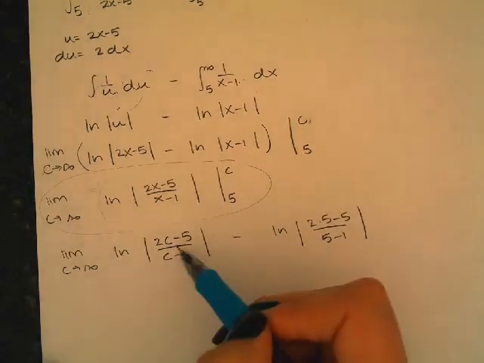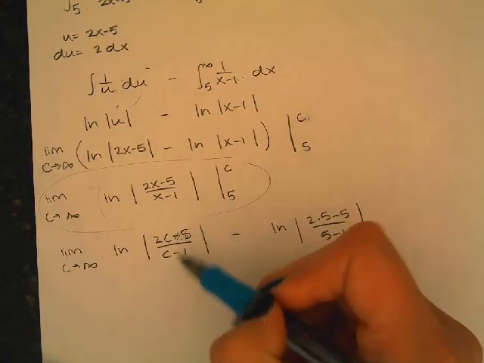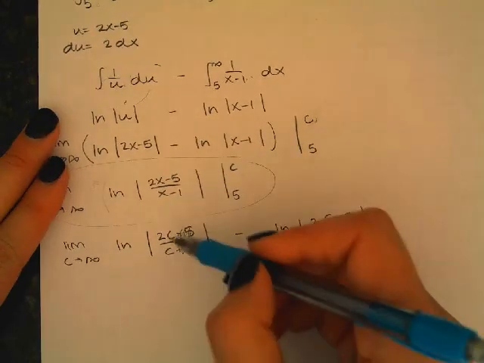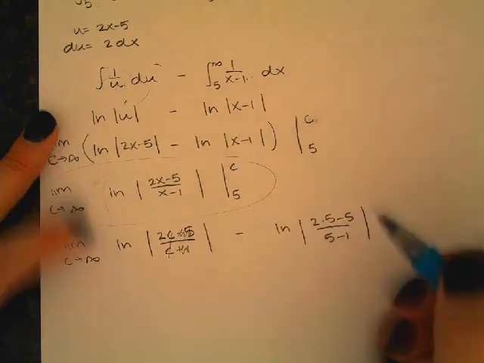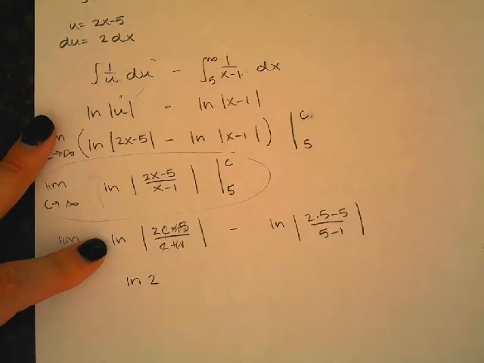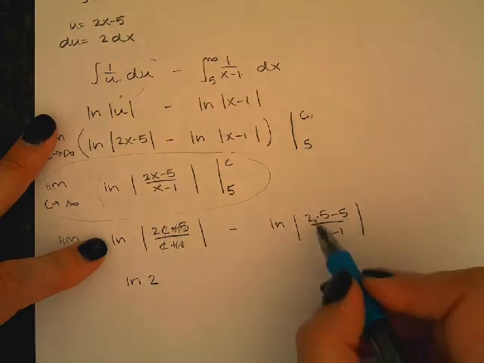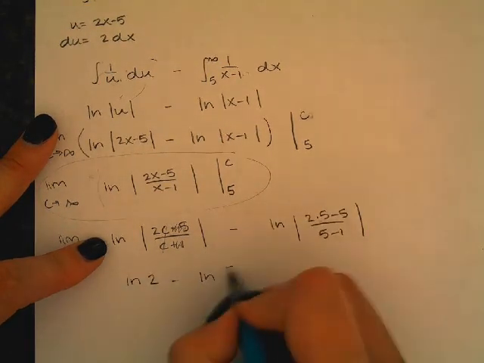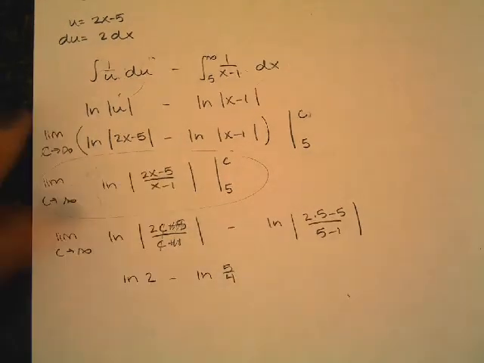Because the -5 and the -1 are so small that they're unnecessary, you've got your infinities of the same size. This is actually ln 2. It's actually not divergent. And then over here, 10 minus 5 is 5 over 4, so minus ln 5/4.